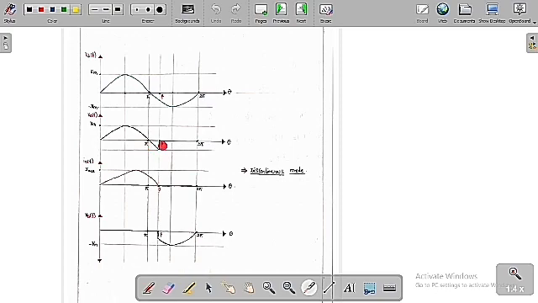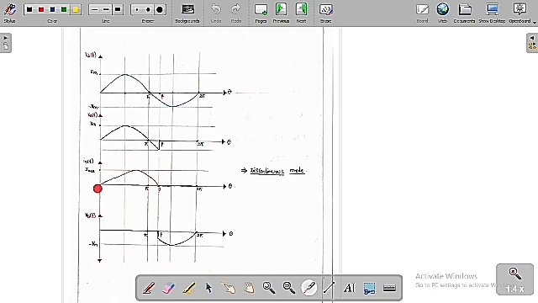Let me assume the diode was conducting up to angle beta. So as the diode is conducting up to beta, the output voltage is equal to the source voltage. The output voltage follows the source voltage up to angle beta because the diode was on.